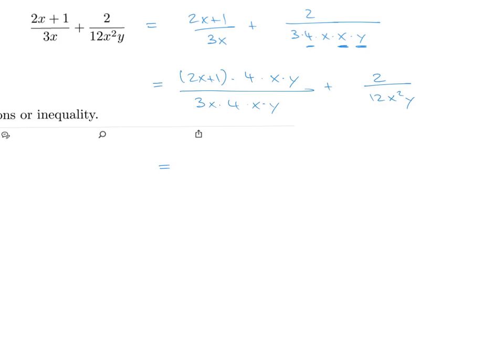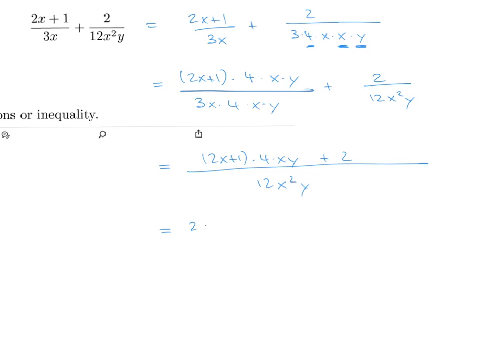Okay, so now they have the same denominator. So it's 12 times x to the power of 2 times y. And I have here 2x plus 1 times 4 times x times y plus 2. And then I can get rid here of the brackets by multiplying this times the whole term and multiplying this by the whole term plus multiplying this by the whole term.